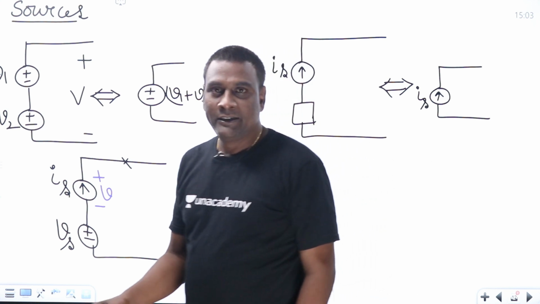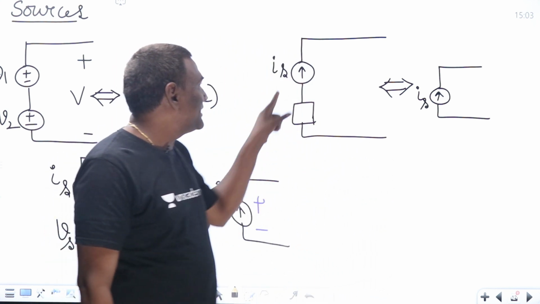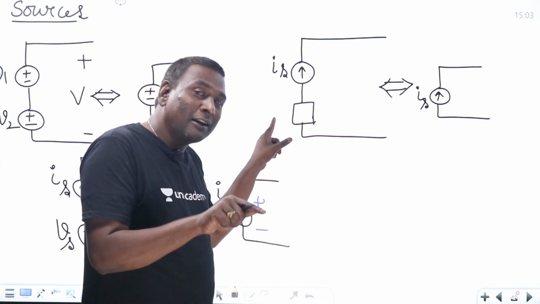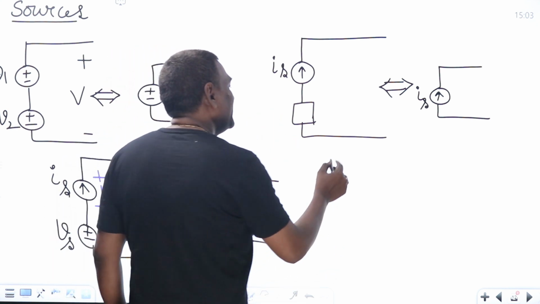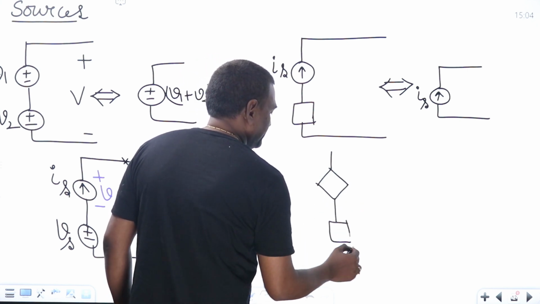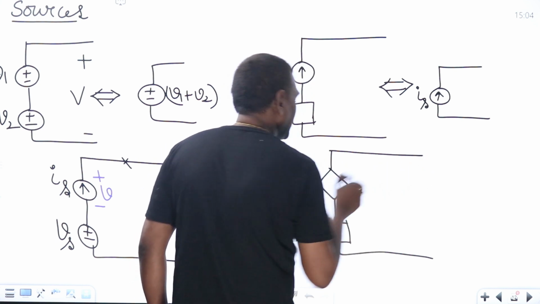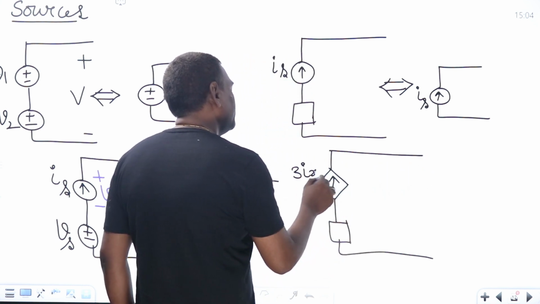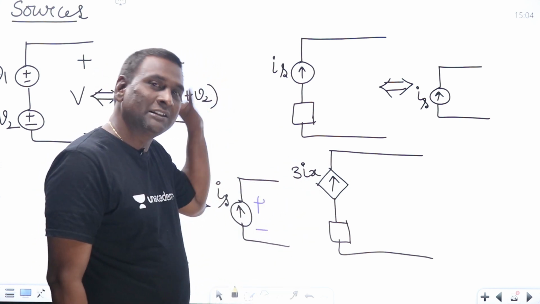Anything connected in series with an ideal current source. Ideal, I'm not saying ideal independent or ideal dependent. For example, if I think of this situation, this is a current source, maybe 3Ix, with Ix a dependent variable that can be somewhere else.